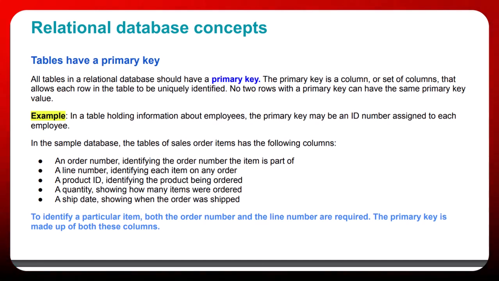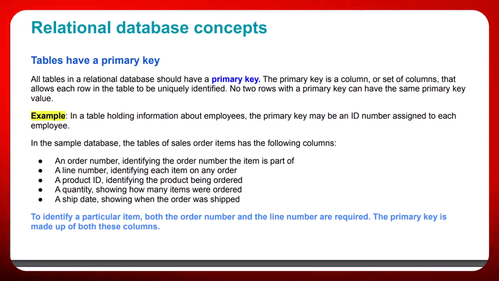And then a line number that identifies each item on any order. So if you buy many items, you get the order, and then we need to make sure which order each item comes from.